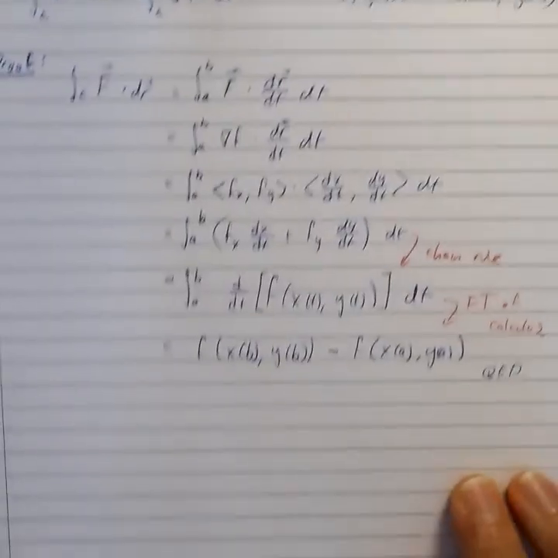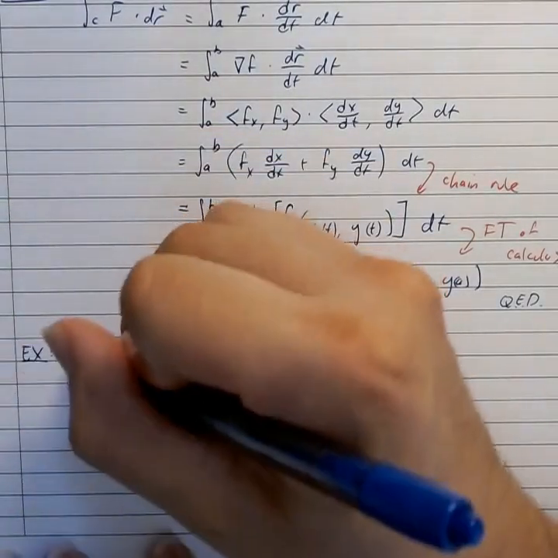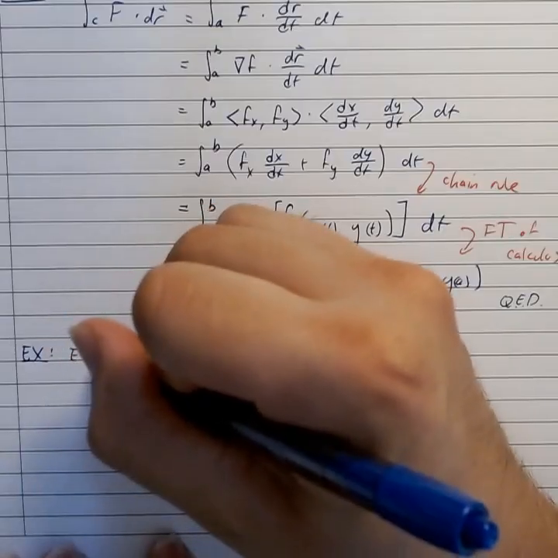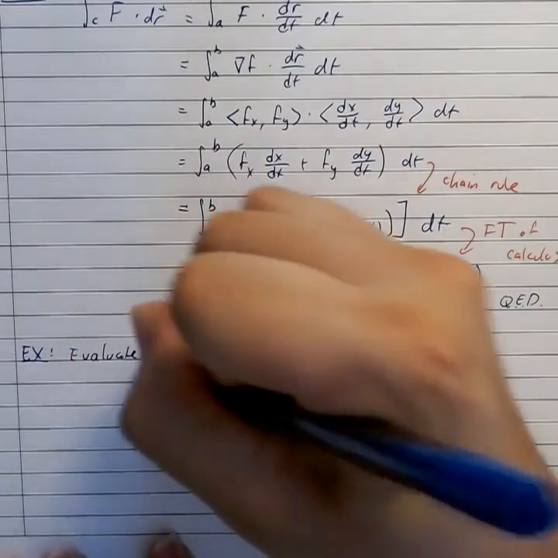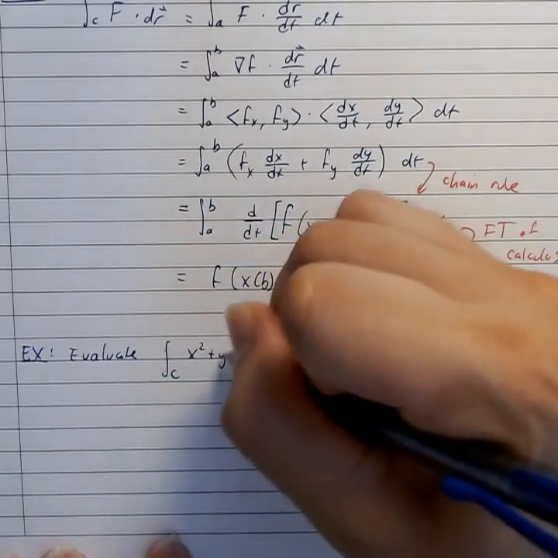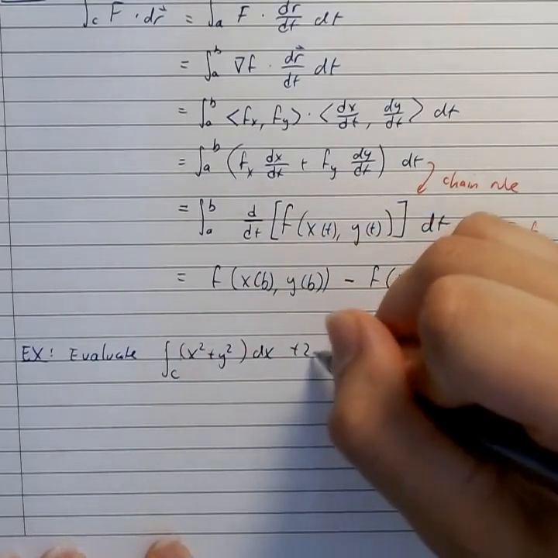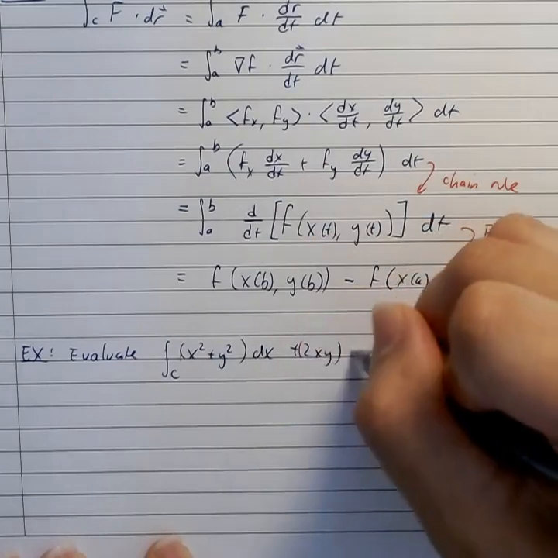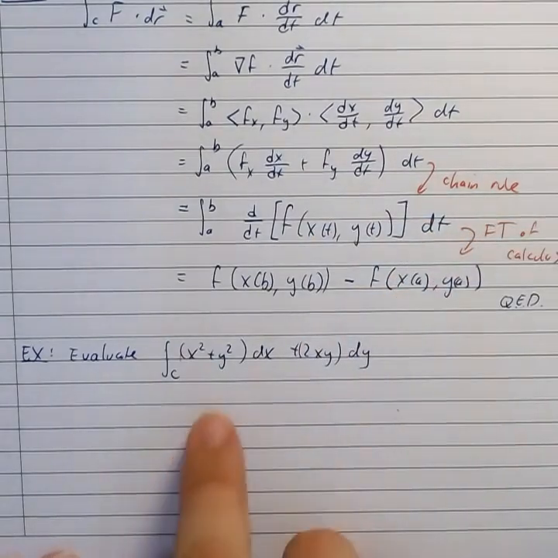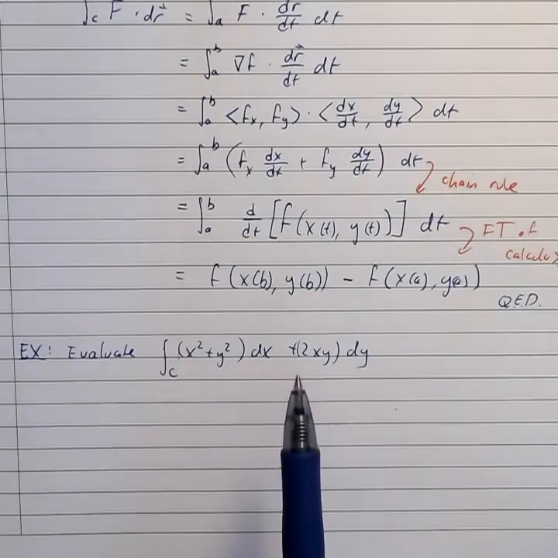This leads us to some very nice examples. Let's evaluate the following integral. Evaluate the integral over the line C of x squared plus y squared dx plus 2xy dy. So here we have a line integral in a vector field where it's given in its differential form.